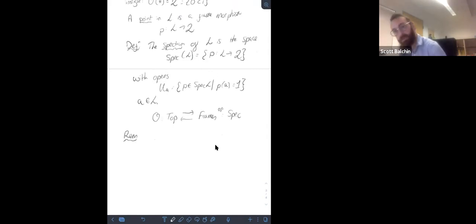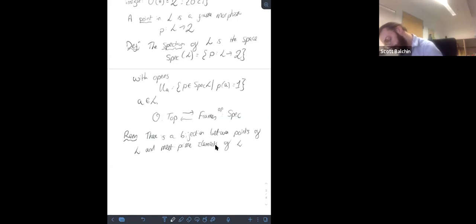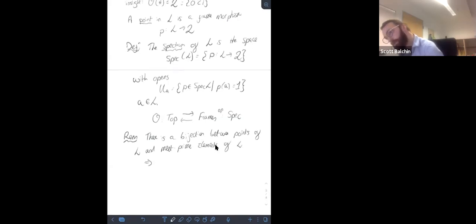So here's maybe a more familiar one, especially if you're familiar with things like the Balmer spectrum. There is a bijection between points of L and meet prime elements of L. What do I mean by this?